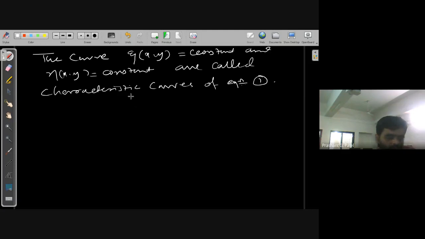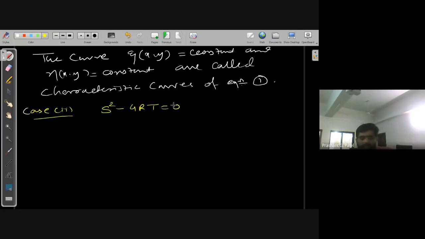The original equation 1 is there. Now case number 2. In case 2, let's say s square minus 4rt equal to 0. Let us say this situation we have.